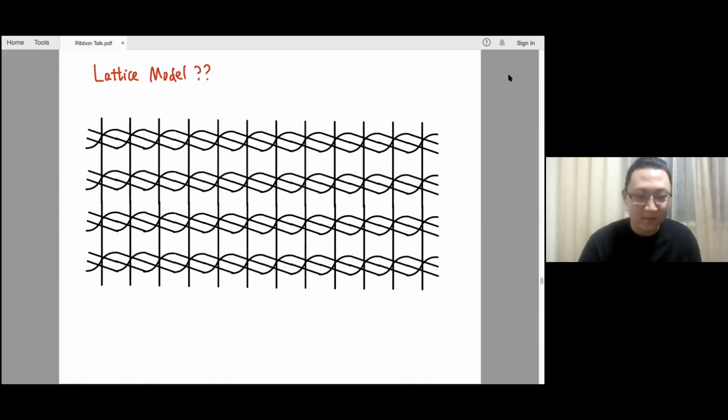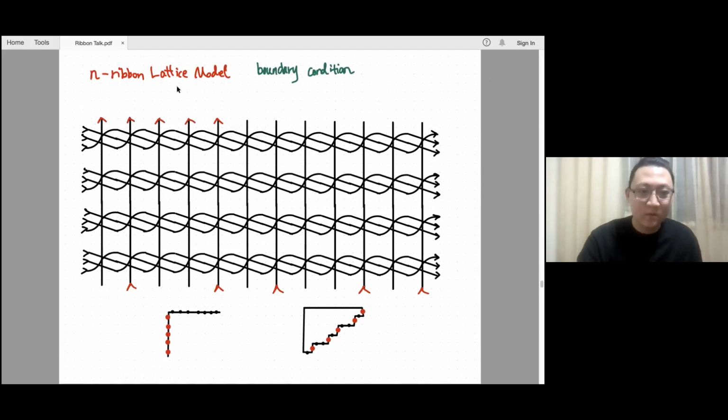And then the entire lattice model looks like this. So again, we put a boundary condition basically in the same way as we did for the Schur polynomial. We take a partition and we look at the interior and the outer boundary. And then we put up arrows and down arrows according to the vertical and horizontal edges.